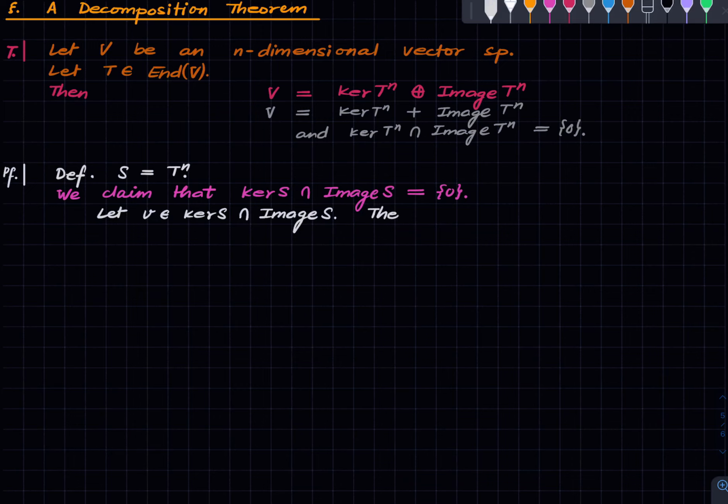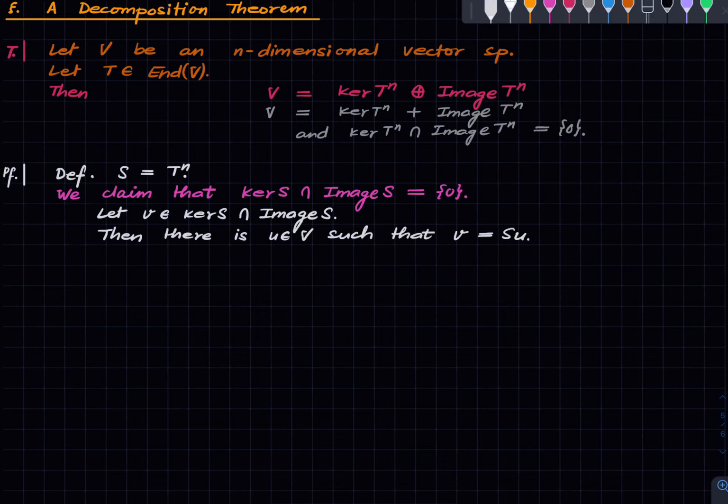So then, in particular, if V is in this intersection, then in particular it lies here, and therefore there is some vector u such that V is Su. Fine.